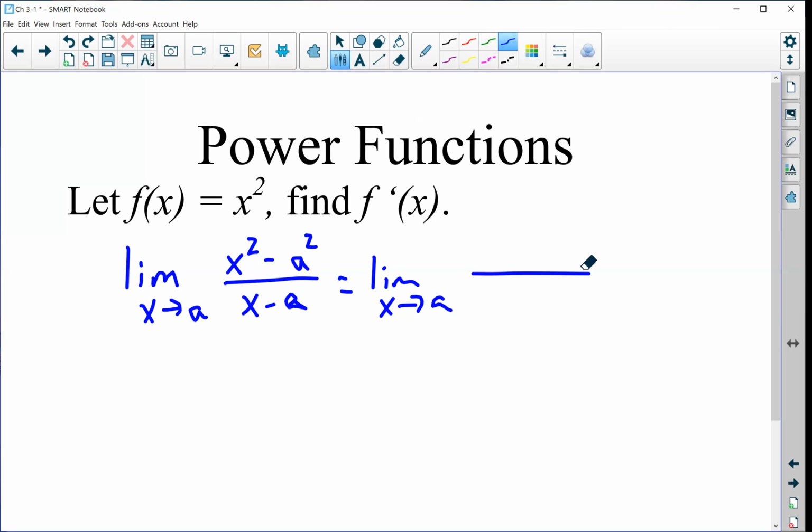Now, x squared minus a squared we can factor. And so we get whatever value we're approaching, a plus a, it would be 2a.